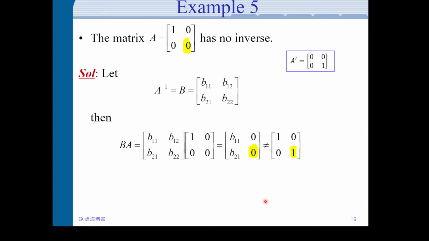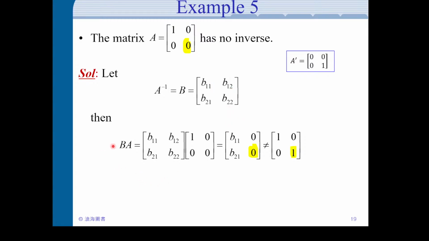And then we have an example of a matrix that has no inverse, and it's this matrix A equal to 1, 0, 0, 0. Here you can intuitively think you don't have an inverse because you have this 0 here, and 0 doesn't have an inverse. And for a more careful proof, suppose we have some inverse B with elements B11, B21, B12, and B22.